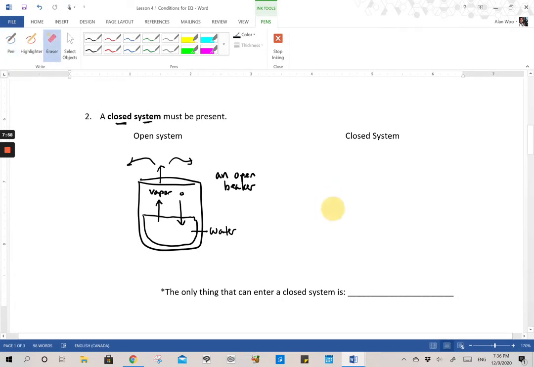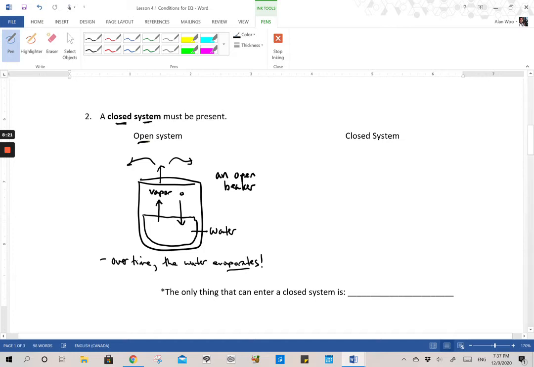So over time, the water evaporates, and you're basically left with less and less water.